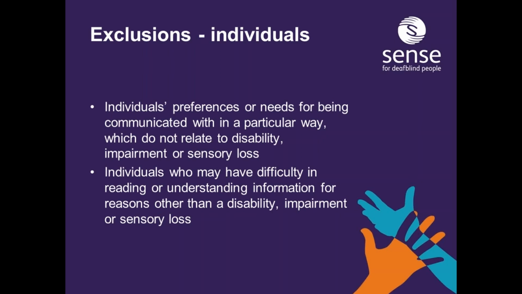So where an individual has a preference for being communicated with in a particular way, which does not relate to disability, impairment or sensory loss, this is out of scope. So for example, a preference for communication via email, but an ability to read and understand a standard print letter would mean that the provider, the health or social care provider, would be entirely justified to use a standard print letter if that's what they wanted to do.